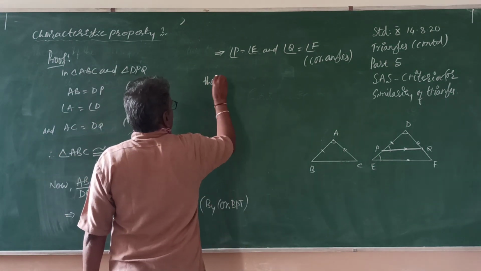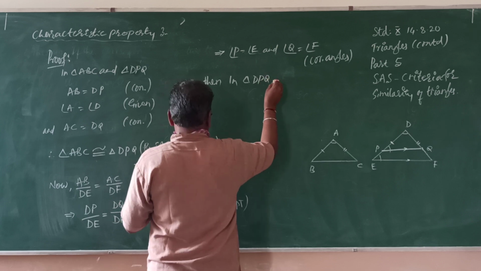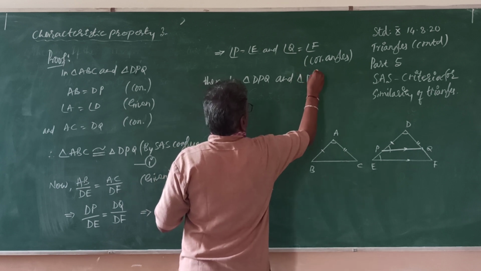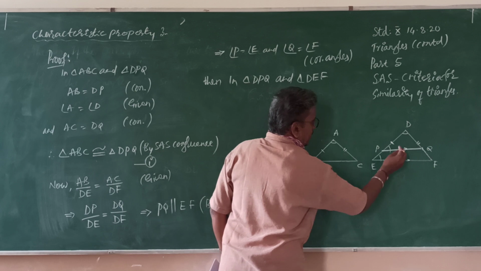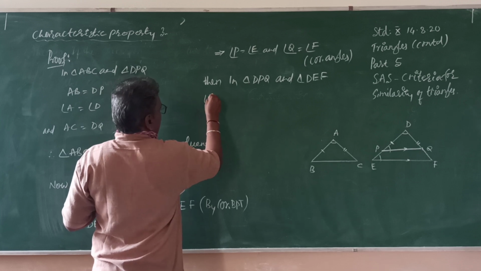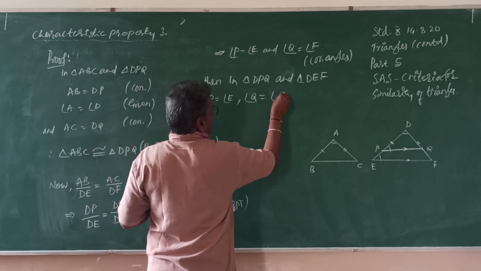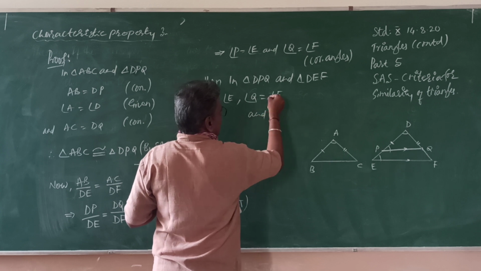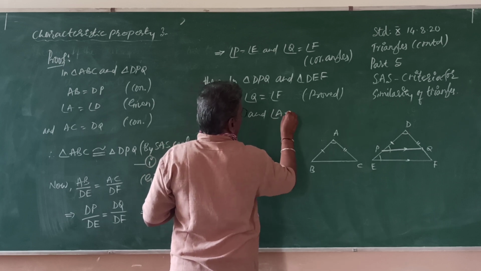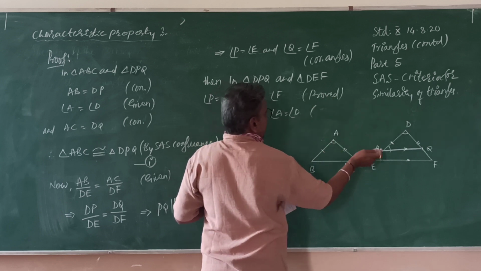Then, in triangles DPQ and DEF, angle P is equal to angle E and angle Q is equal to angle F, as proved, and angle D is common.